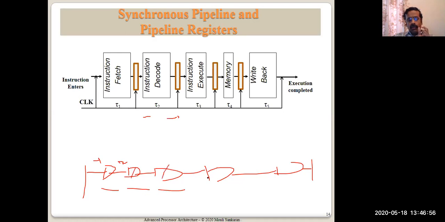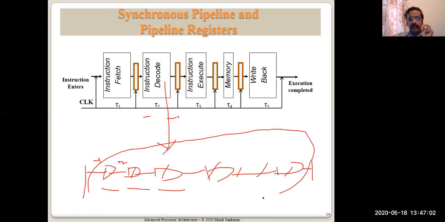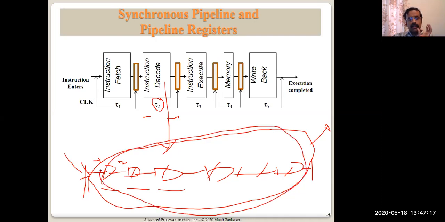So if I have too many logic gates in my circuit, suppose instruction decode is very complex, I have too many levels of logic gates. The time between giving an input and getting an output, the maximum time taken by this stage, I call tau 2, the time taken for this combinational circuit to respond to any input given.